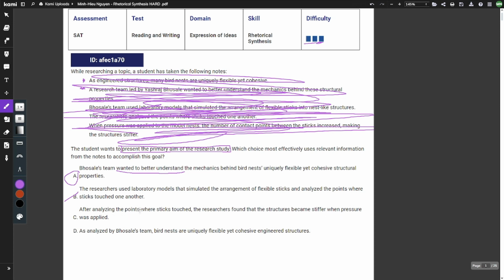That's cool, so that's what they found out as they did that study, but it doesn't talk about why they did the study. As analyzed by both sales team, bird nests are uniquely flexible yet cohesive engineered structures. Okay, that's another cool thing about bird's nests, but it doesn't talk about why they did the study. So the answer is A. The reason they did the study was because they wanted to do something. Alright, it doesn't matter what they wanted to do, but they did want to do something, and that's a reason.